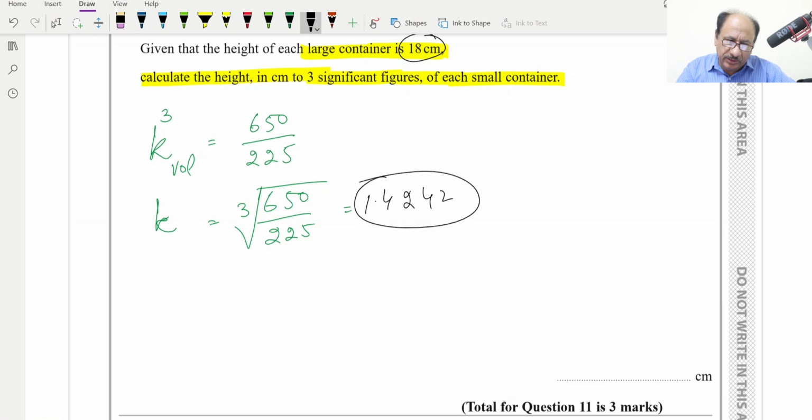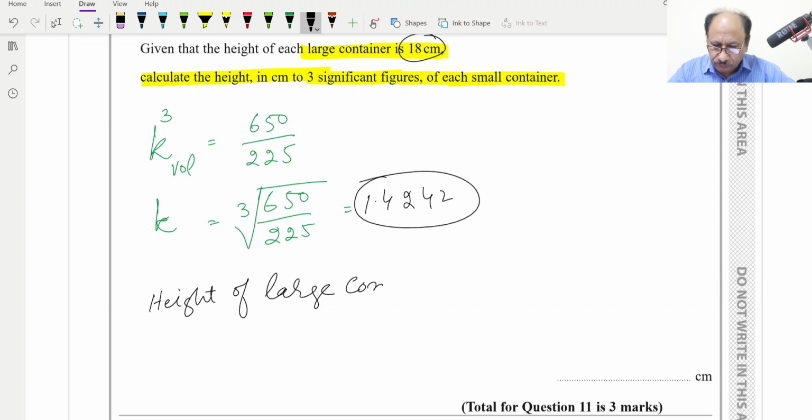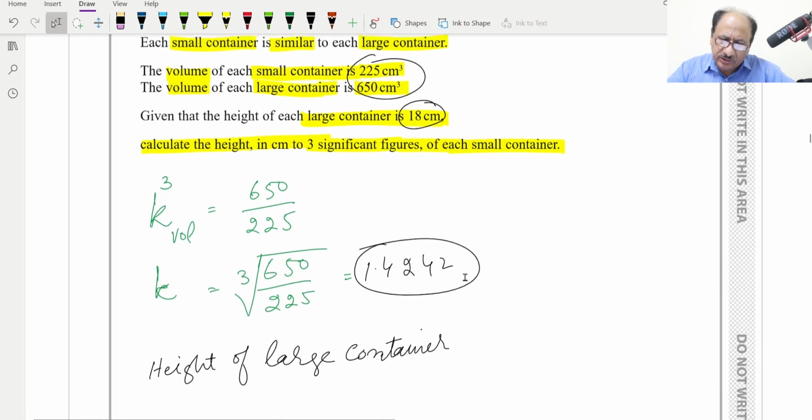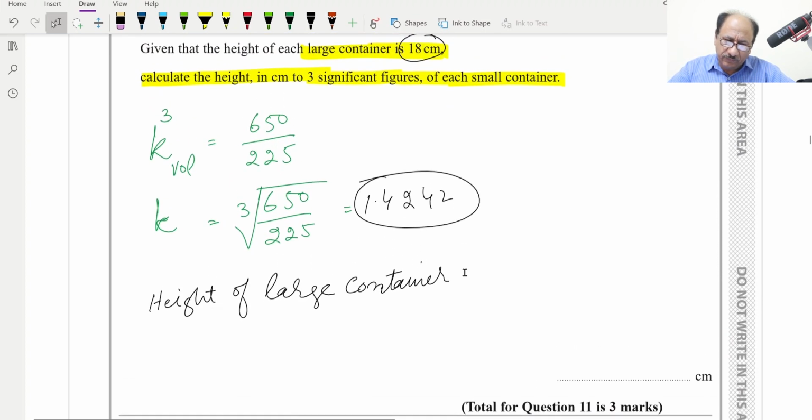So we will write height of each large container, given that the height of each large container is 18. So small container we have to find. So not large one, small one.